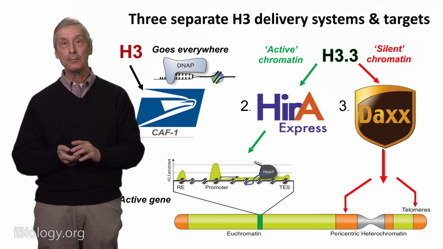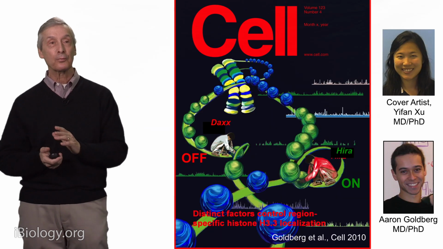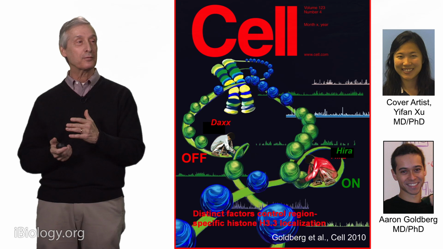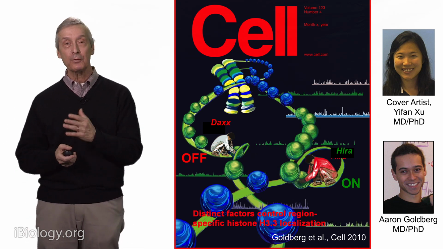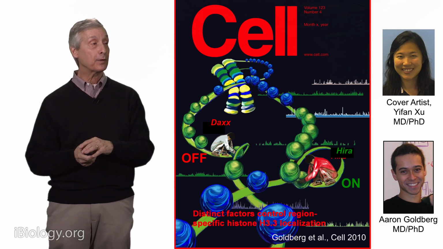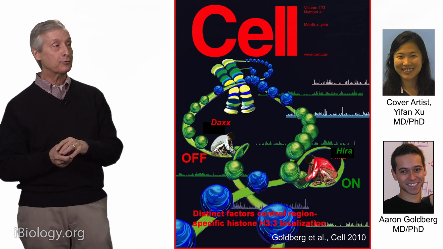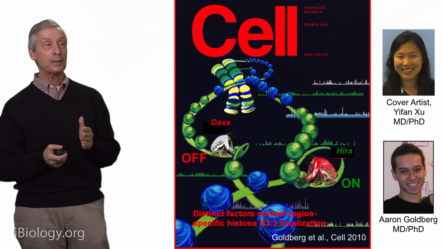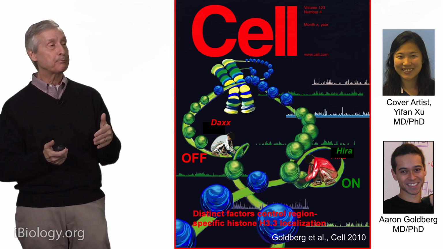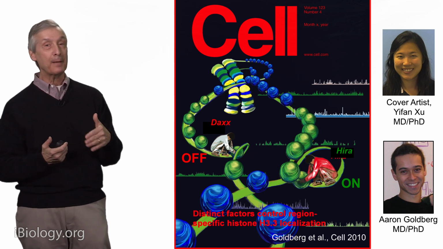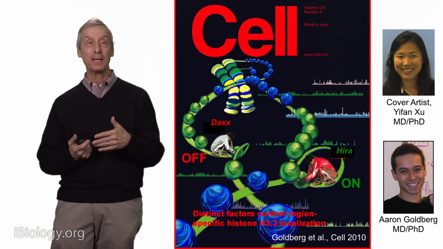Now, I didn't show too many of my lab members, but this is relevant. Aaron Goldberg was the student. He's in the lower right-hand corner. He was in the MD-PhD program at Rockefeller, a very talented student, and he was the one who developed the DAXX connection to 3.3, the targeting. And I guess when you get a paper published in Cell, they invite you to make a cover.